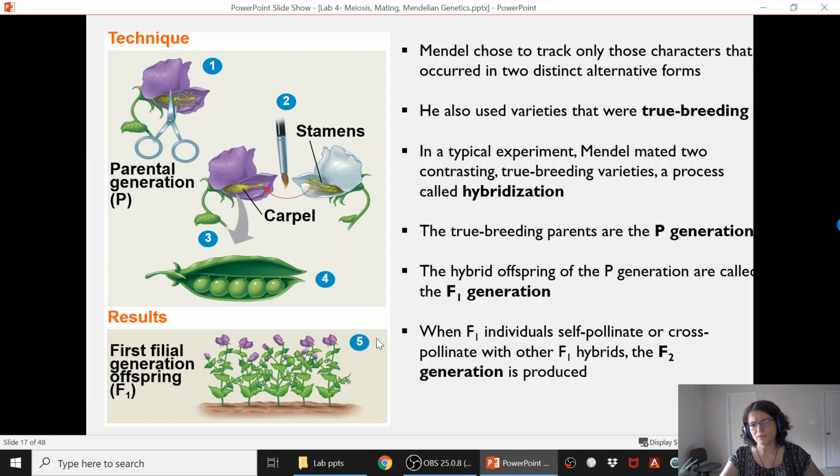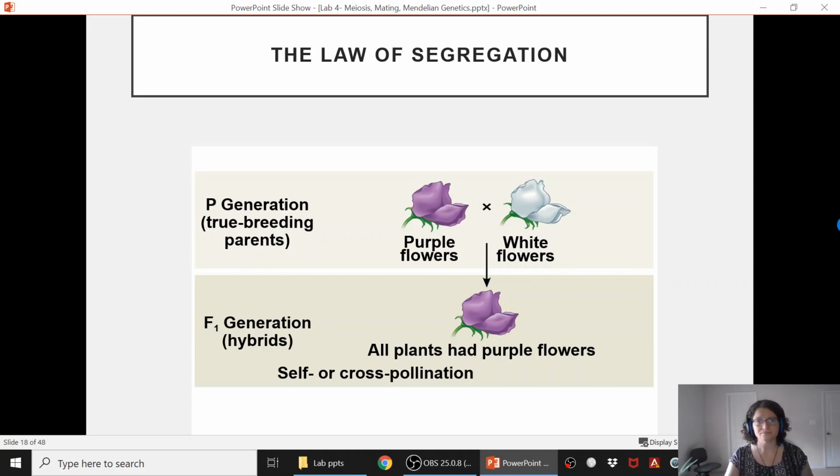But he made sure that only these F1s would be able to share pollen with each other. This is important because he wants to be sure of who is mating with whom. With other plants, it's actually harder to control that, but with peas, because they have such a closed area and he was not letting pollinators in, it was reasonably easy to control for this.